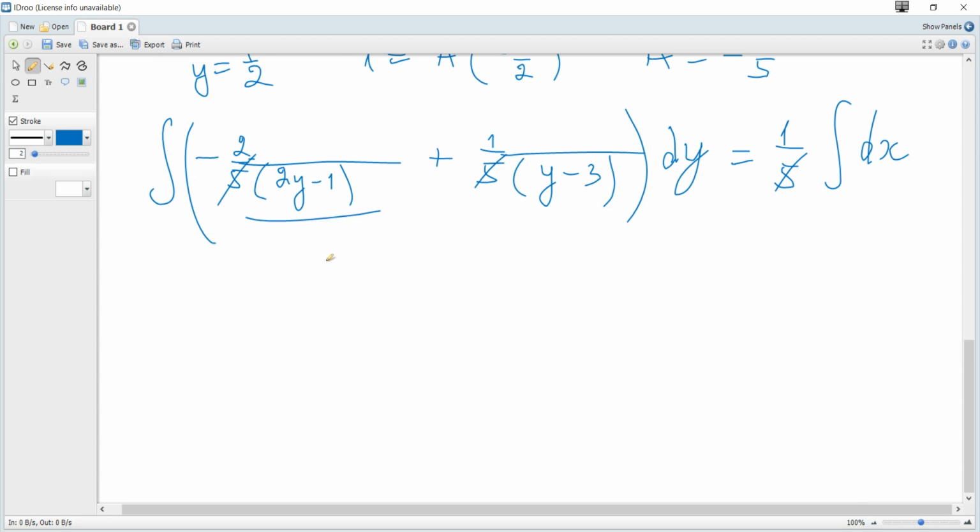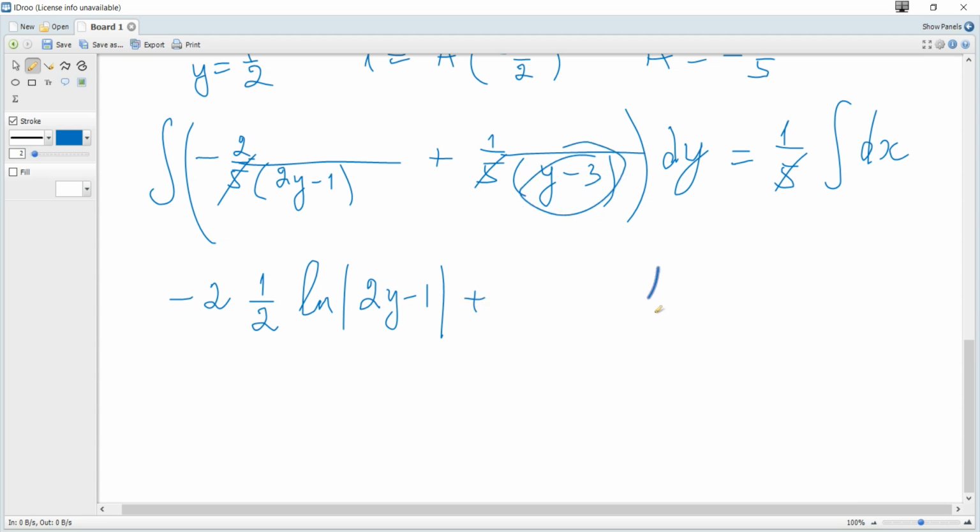On the left hand side, in general you may use the substitution u, but it looks like 1 over y, but of a function of ax plus b, and we can use the next rule: we use the same rule for the integral as for 1 over y, keep the same argument, but 1 over a arises in front. a is the coefficient which is multiplied by y, so it becomes this negative 2, then 1 over a, so 1 over 2, and ln of the absolute value of 2y minus 1, plus here again it's 1 over y, but of ax plus b, but a is 1, so nothing arises in front, so it becomes just ln of the absolute value of y minus 3.